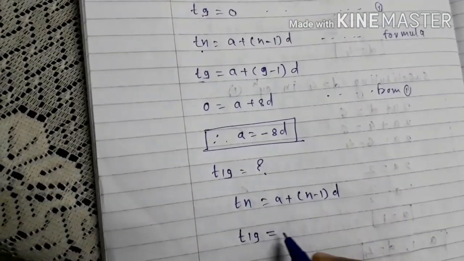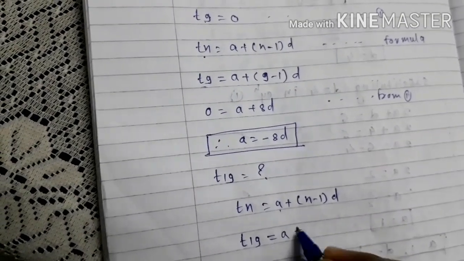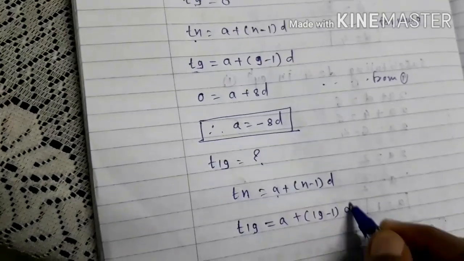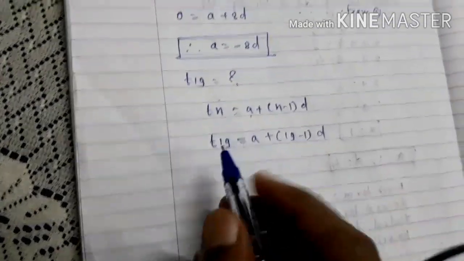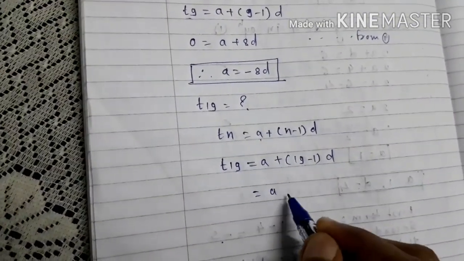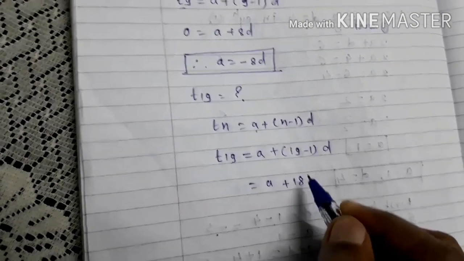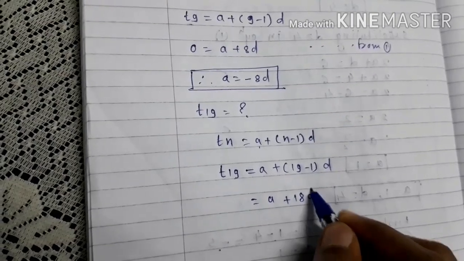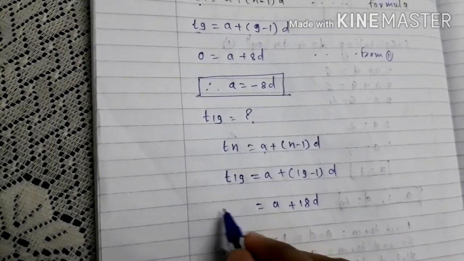For T19, n is equal to 19: 19 minus 1 into d is equal to a plus 18d.